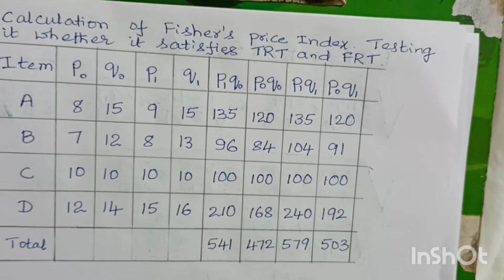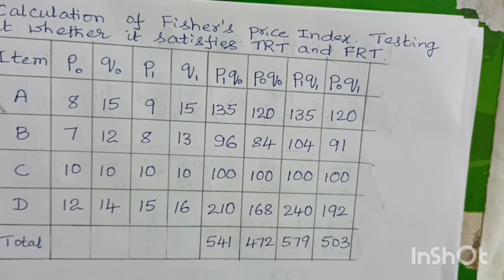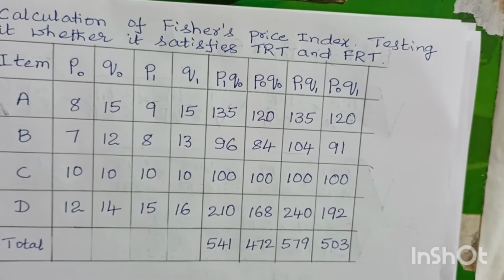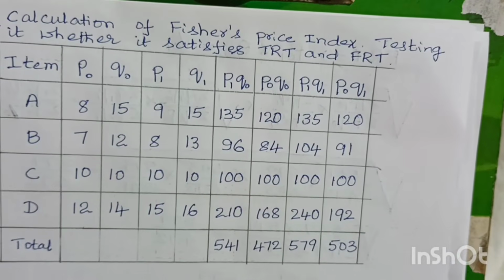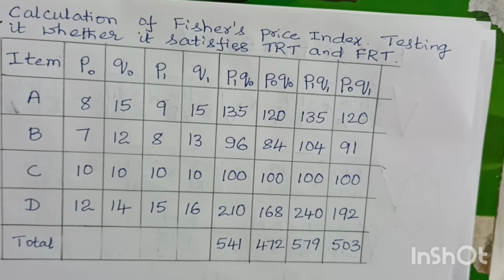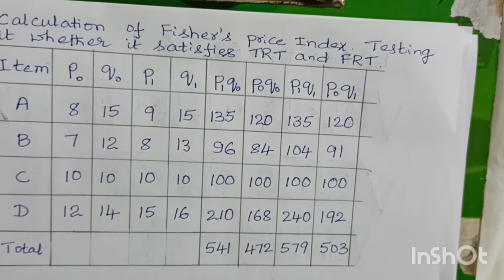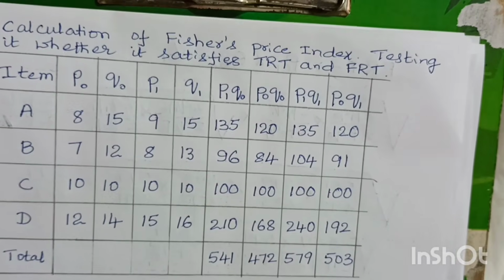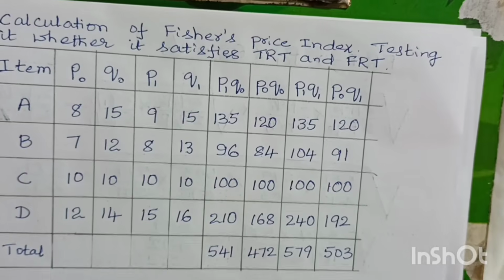First two columns here: 15 into 8, 7 into 12, 10 into 10, 12 into 14. And third column P1 Q1, that is the last two columns here: 9 into 15, 8 into 13, 10 into 10, 15 into 16. And the last column product P naught Q1: 8 into 15, 7 into 13, 10 into 10, 12 into 16, like that.